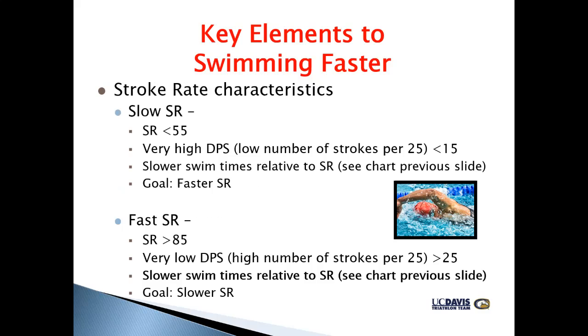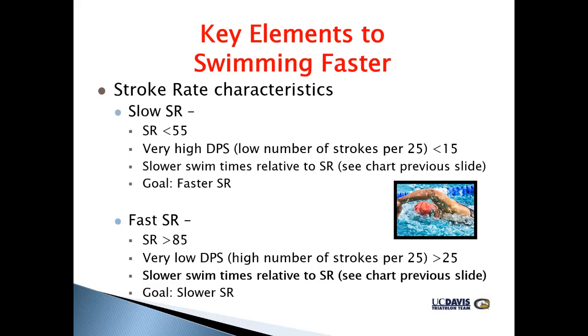Okay, so let's talk about characteristics of stroke rate. If you have a really slow stroke rate, then typically your stroke rate is around 55 or less, and typically you have a very high distance per stroke or a very low number of strokes per 25, which typically might be less than 15.